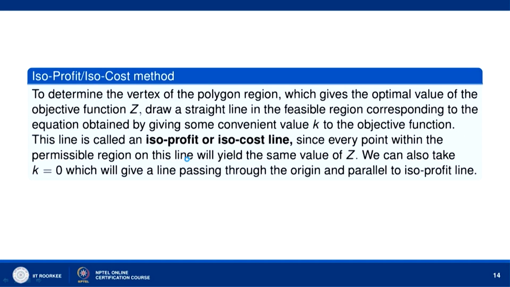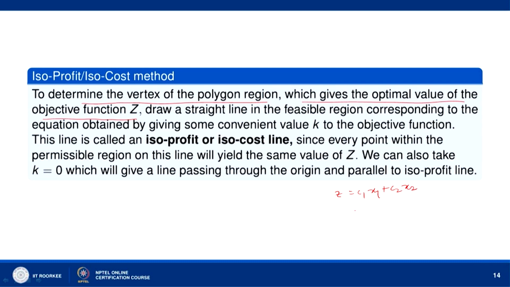What is the isoprofit isocost method? To determine the vertex of the polygon region which gives the optimal value of the objective function z, what we can do is draw a straight line in the feasible region corresponding to the equation obtained by giving some convenient value to k, say z equal to c1x1 plus c2x2.